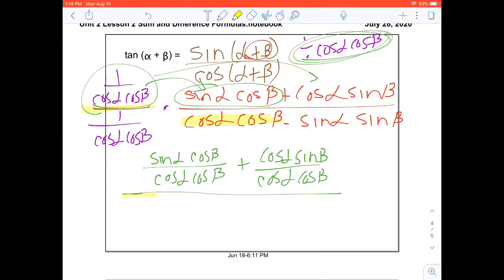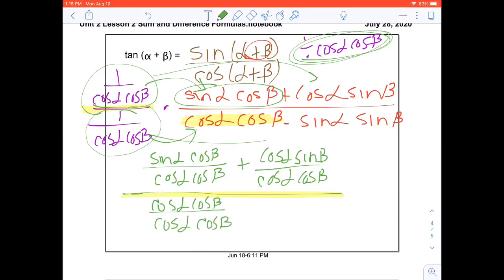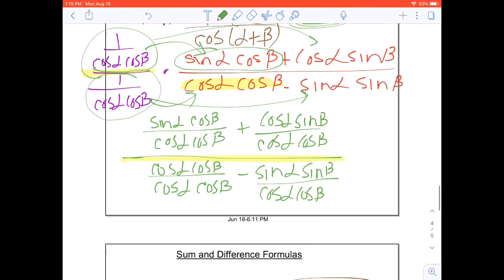Again, main denominator. When I take it and multiply it by the first term, we get cosine alpha cosine beta over cosine alpha cosine beta. And then I have subtracting sine alpha sine beta all over cosine alpha cosine beta.